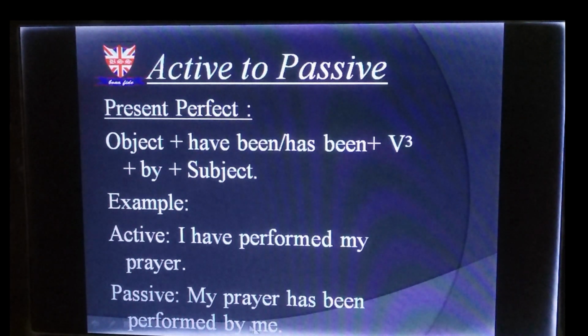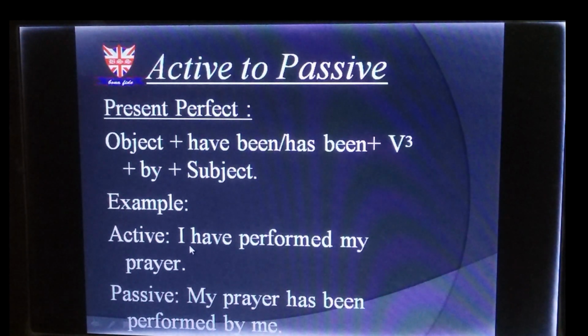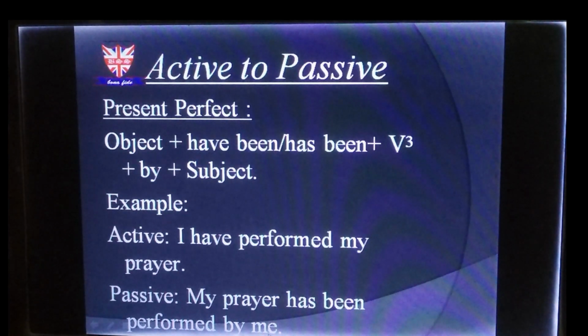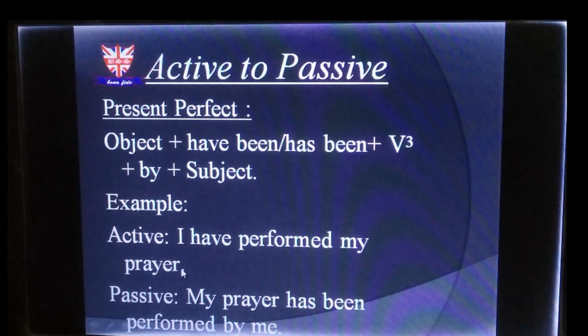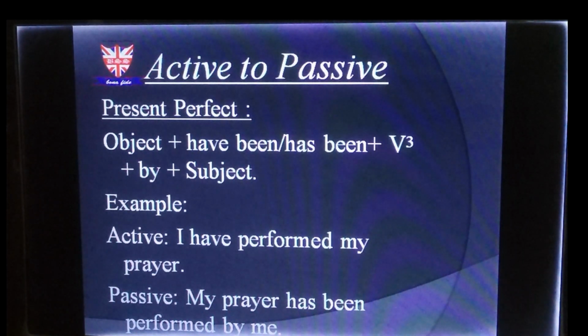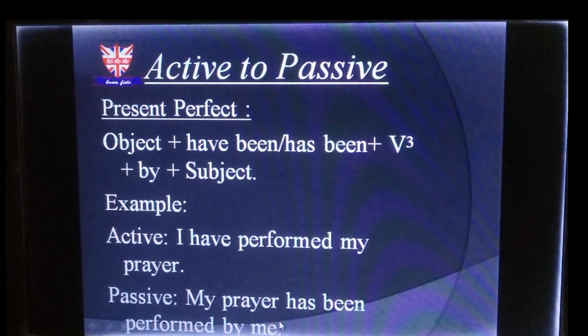You can find the similarity with the structure: here the subject I has become the object, and the object of I is me. And my prayer, which was the object in active, has become the subject in passive form. My prayer has been performed by me.